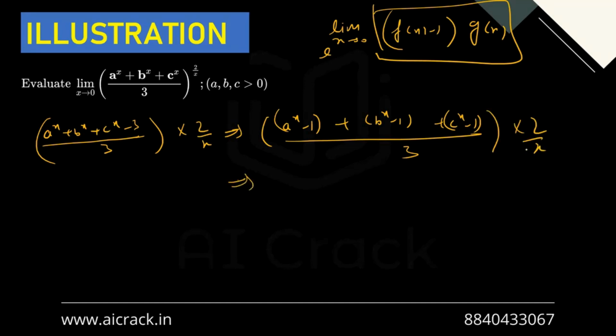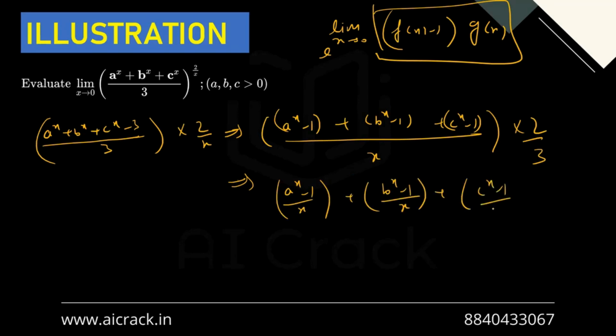Now what we can do, we can take this x over here and take this 3 out. This would become (a raised power x minus 1) divided by x plus (b raised power x minus 1) divided by x plus (c raised power x minus 1) divided by x, whole multiplied by 2 by 3.